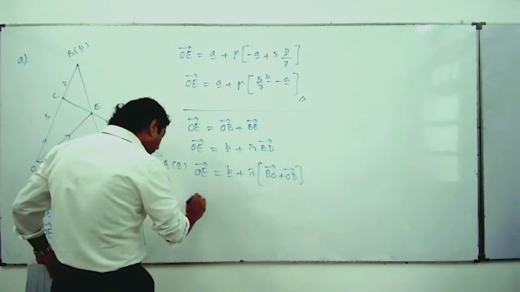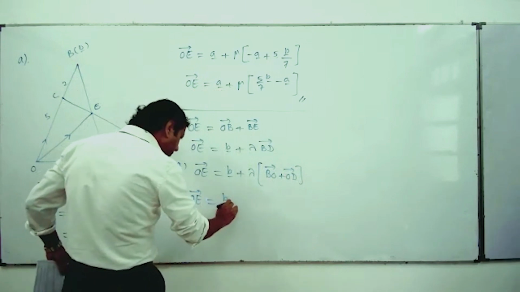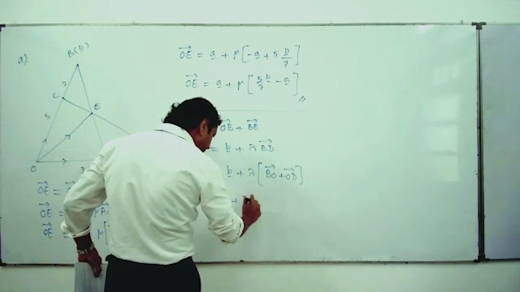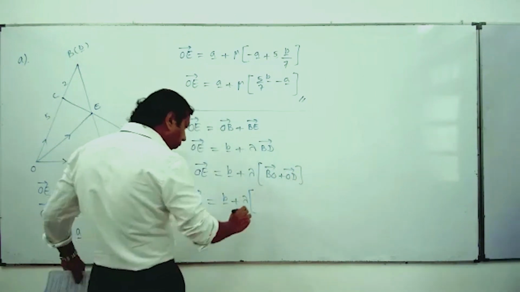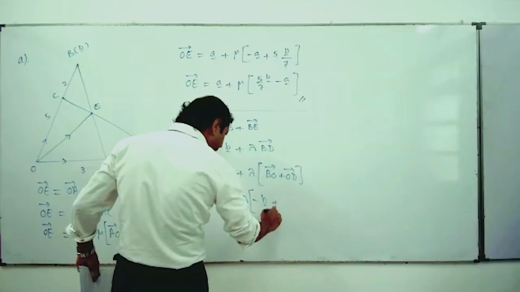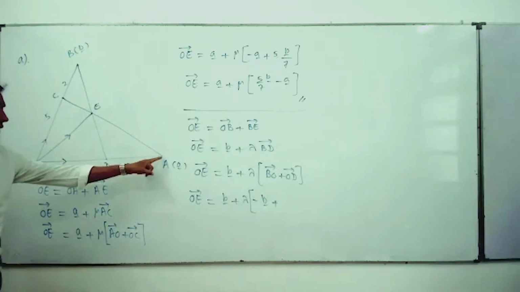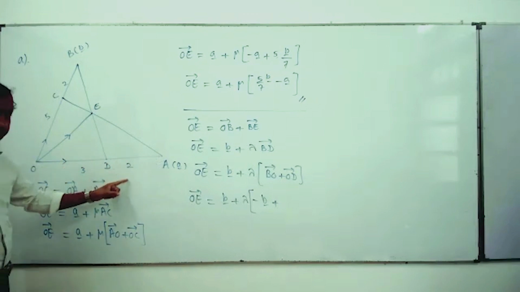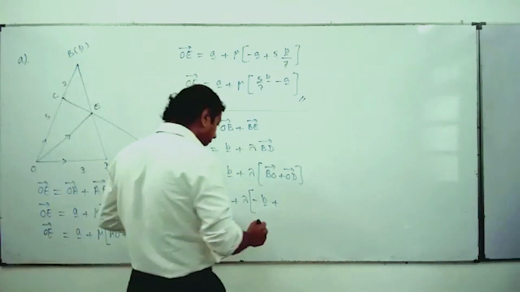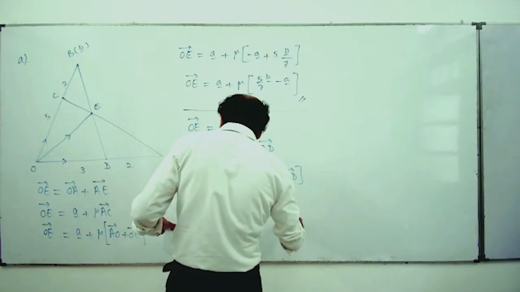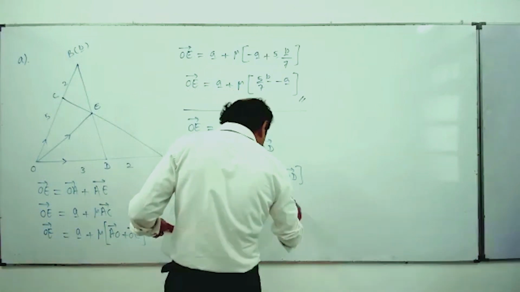Then OE vector is simple B vector plus lambda times BO vector, which is minus B, and OD vector you can write by dividing this A vector by 5 and multiplying by 3.